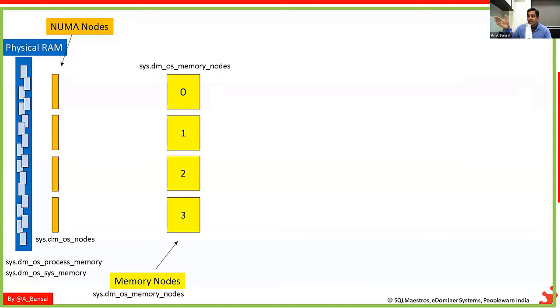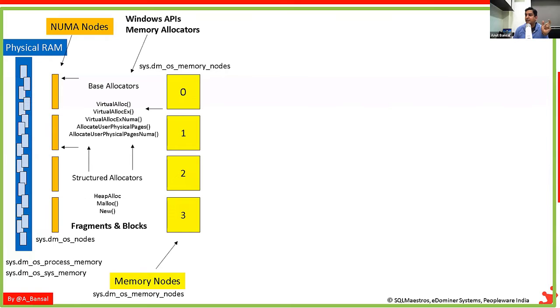So as I said, when SQL Server boots up, it reads the NUMA information and it creates the memory node. So if you can see in the illustration, we have 4 memory nodes, 0, 1, 2, and 3. And you can track all the memory nodes using sys.dm_os_memory_nodes. Remember, there's a difference between sys.dm_os_nodes and sys.dm_os_memory_nodes, because os_nodes will give you OS level information and os_memory_nodes will give you memory related information from SQL Server's perspective.